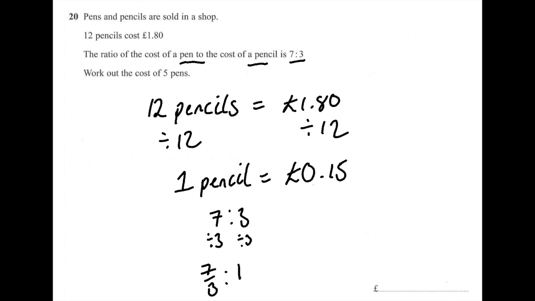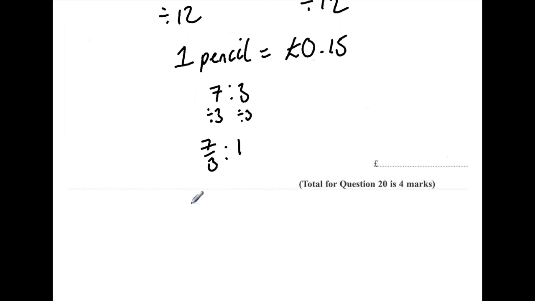So the cost of one pencil is equal to the cost of one pen, 7 over 3. Therefore, to find the cost of one pen, I'm going to multiply 7 over 3 by 15p. So 7 over 3 multiplied by 0.15 is equal to 0.35.